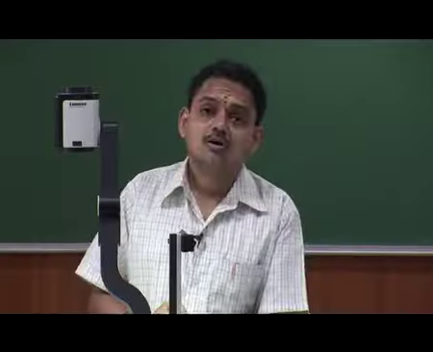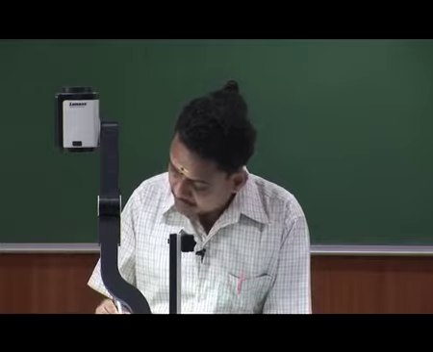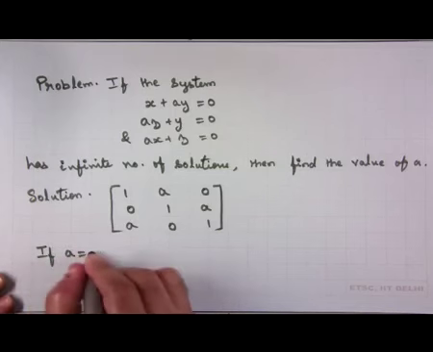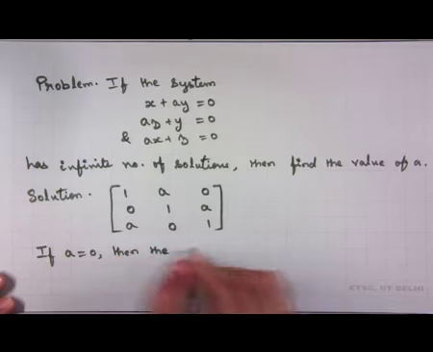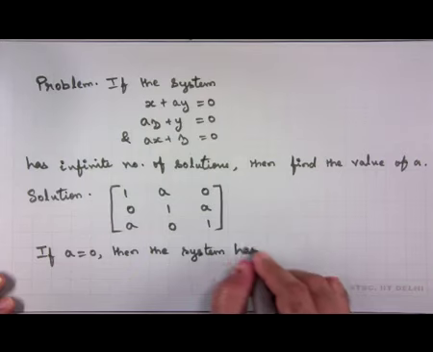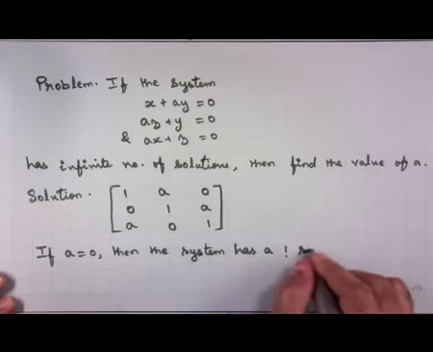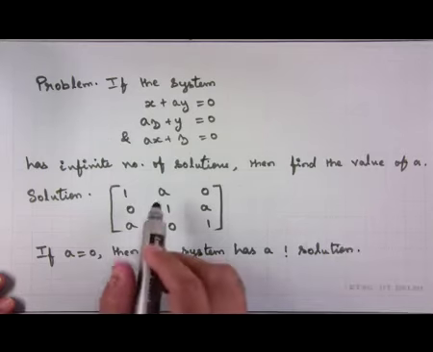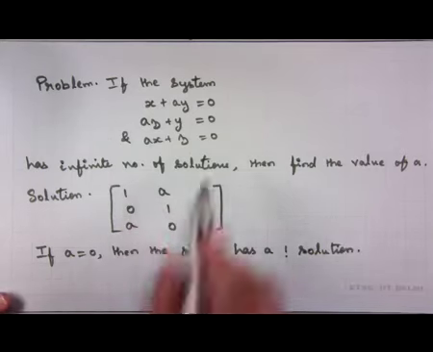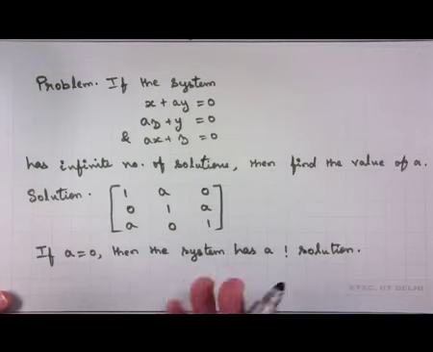Before converting, notice that if A is equal to 0, then the system has a unique solution, which is just 0, right, because if A is 0, what you will end up with is just the identity matrix.